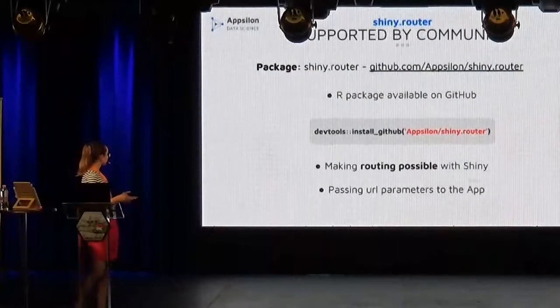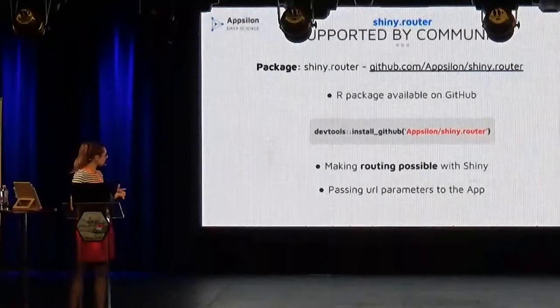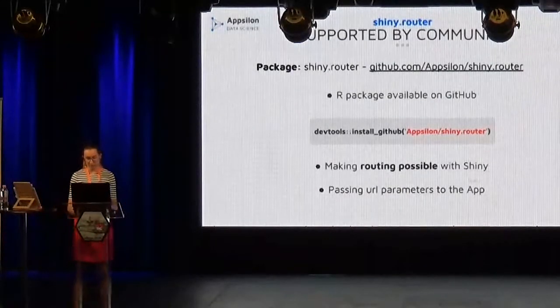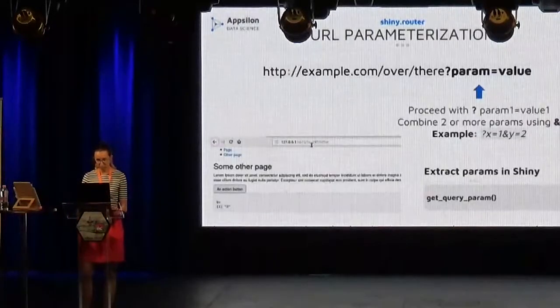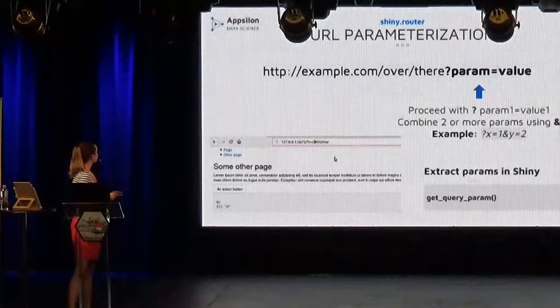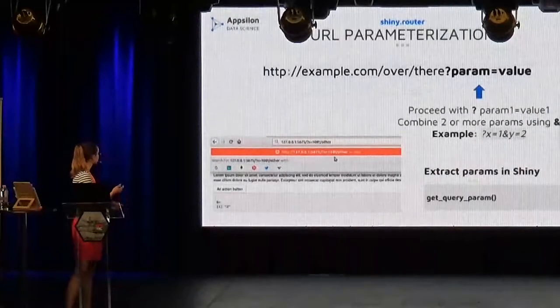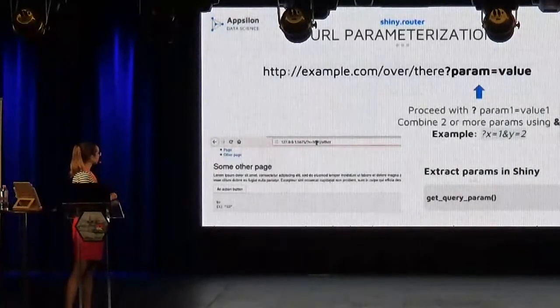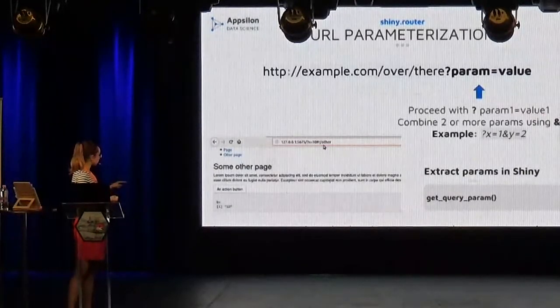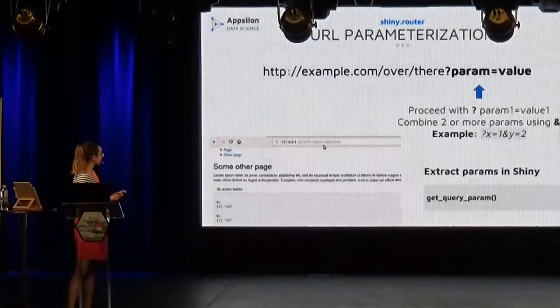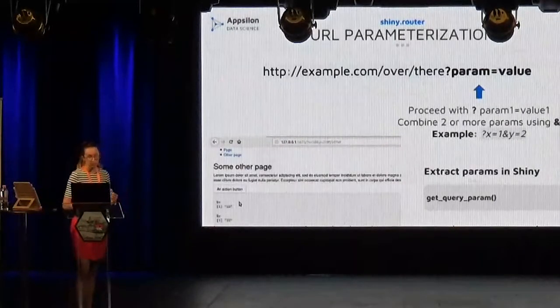It can also be used to pass URL parameters to your app. So basically, you have the URL, there's an example, and using the get_query_param function, you can access the query parameter from the URL within your app.